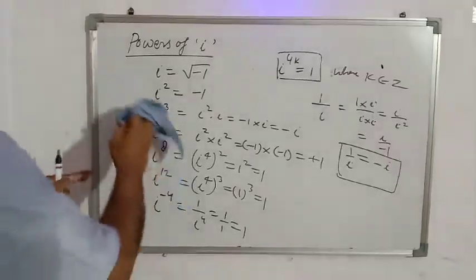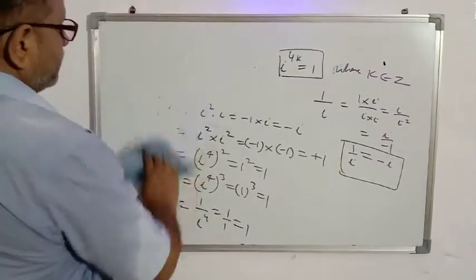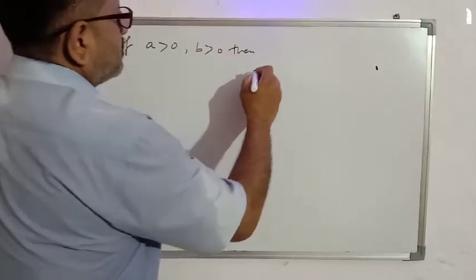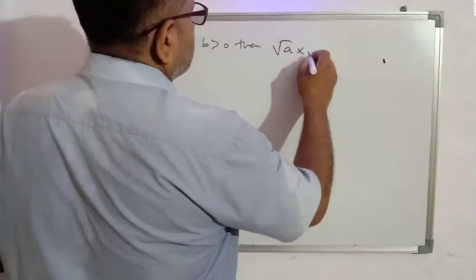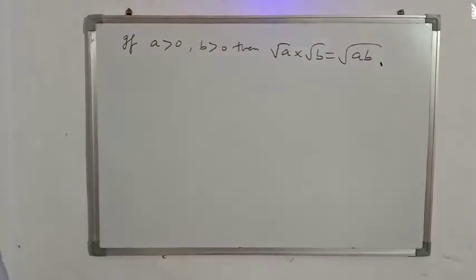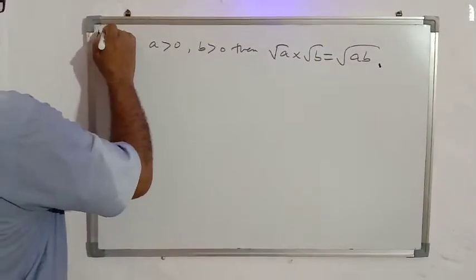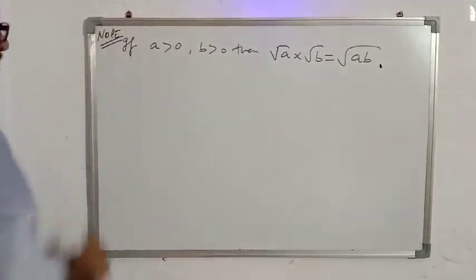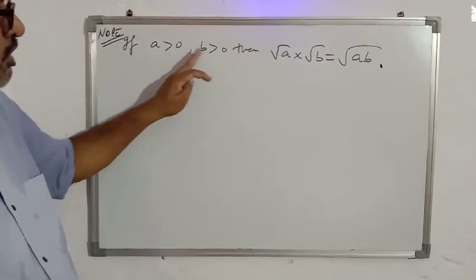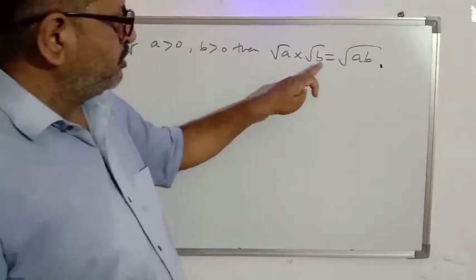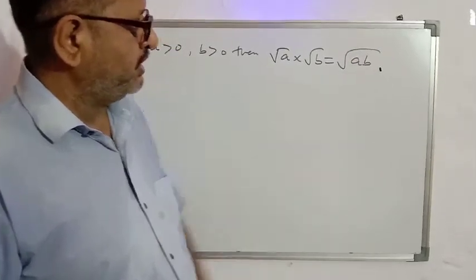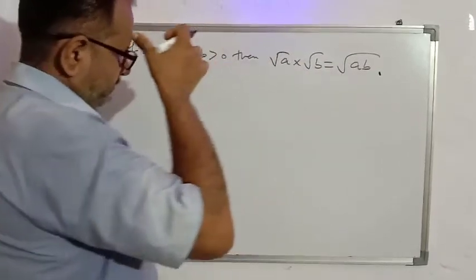Next, note this point. If a greater than 0, b greater than 0, means both are positive, then root a into root b, we can write as the square root of a into b.